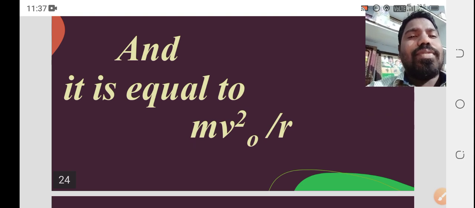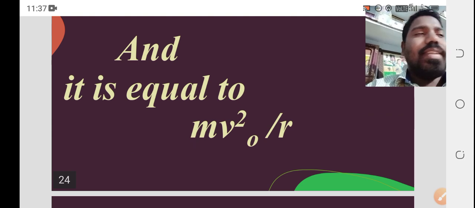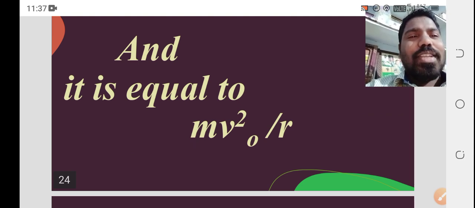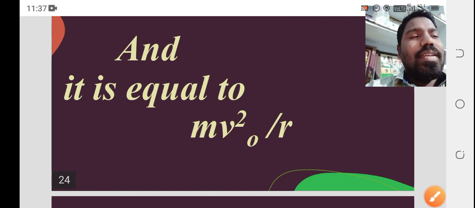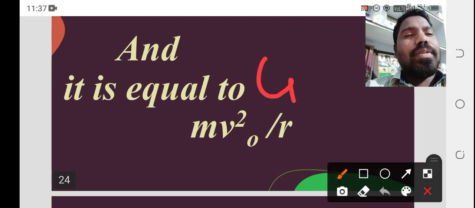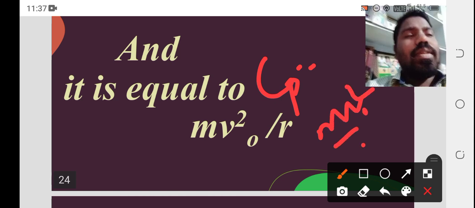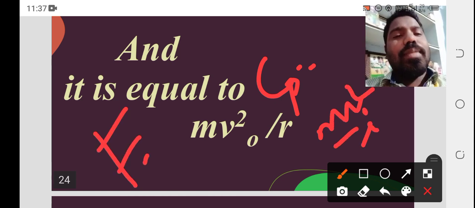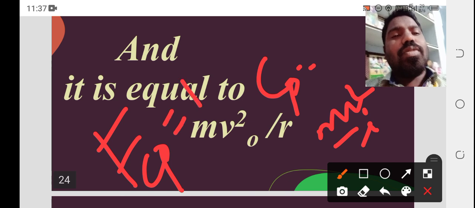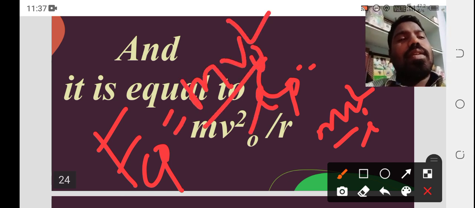Before the electrostatic force, the electrons are simply around the nucleus. This is the reason it is called the centripetal force. The centripetal force is simply defined as equal to m v naught square by r.